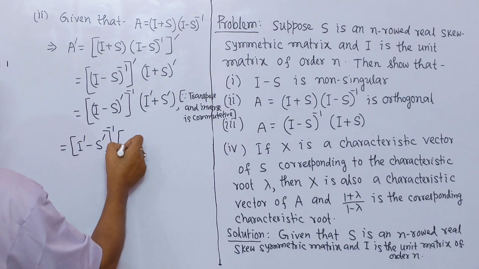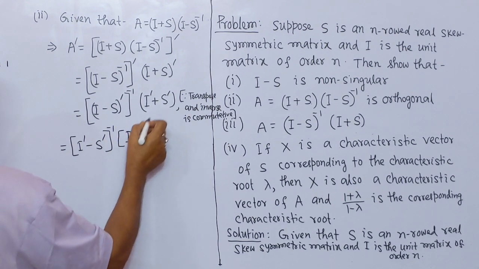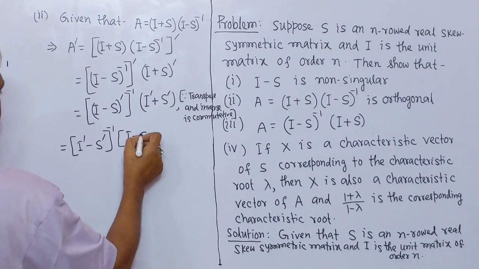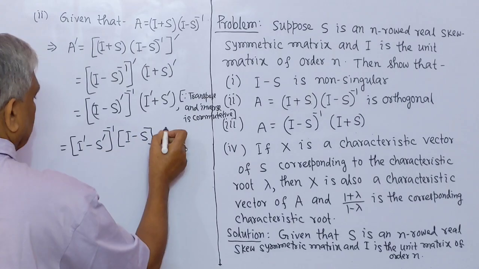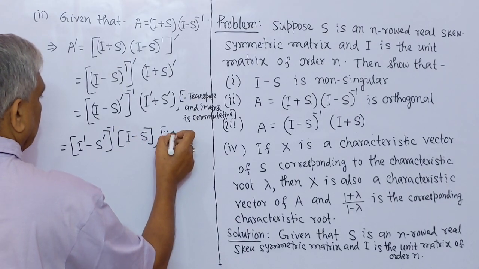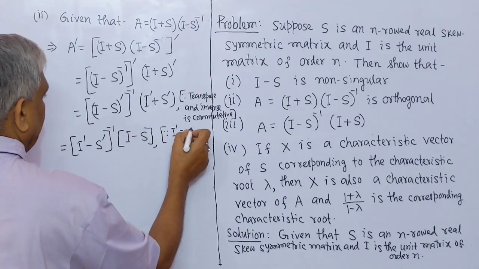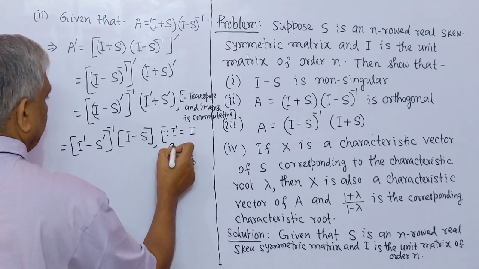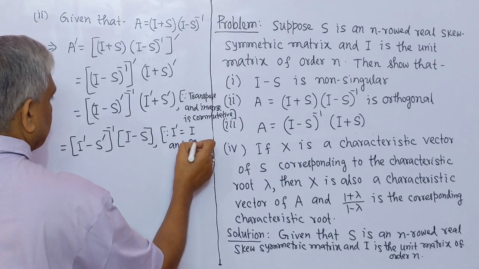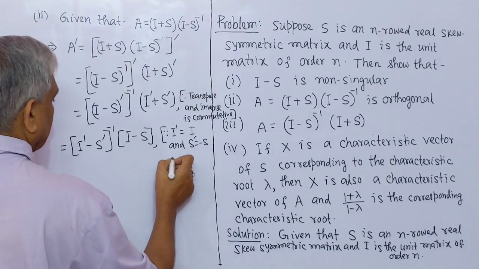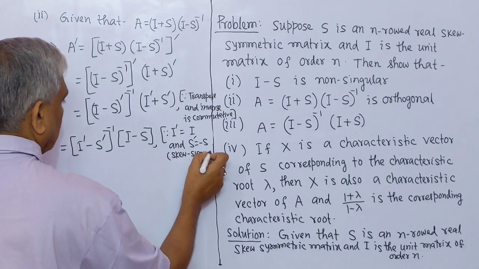Here I transpose is I and S transpose is minus S, since S is skew symmetric.